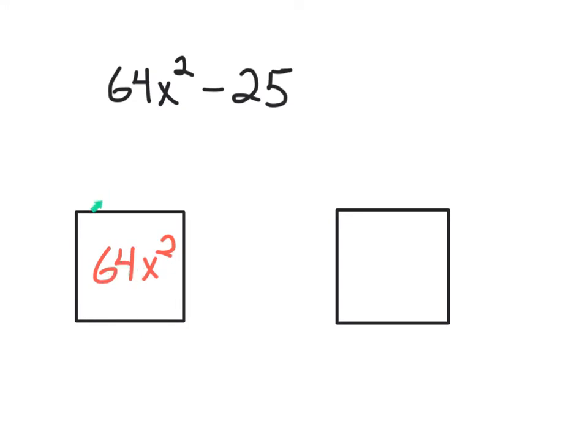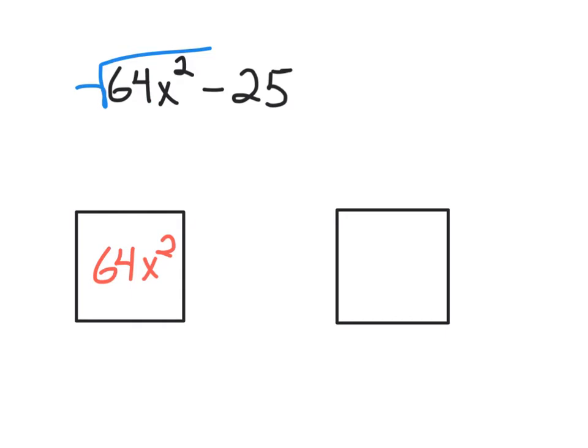Well, that would mean the sides are all the same length, and when you multiply it, you get 64x squared. Well, if you think about the square root of 64x squared, the square root of 64 is 8, because 8 times 8 is 64, and the square root of x squared is x, because x times x equals x squared.